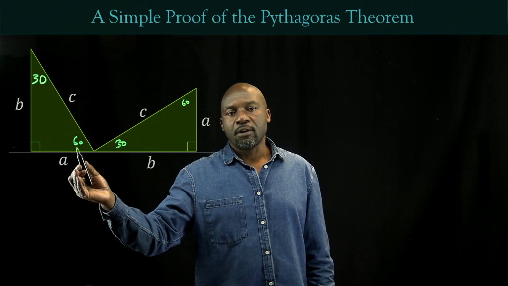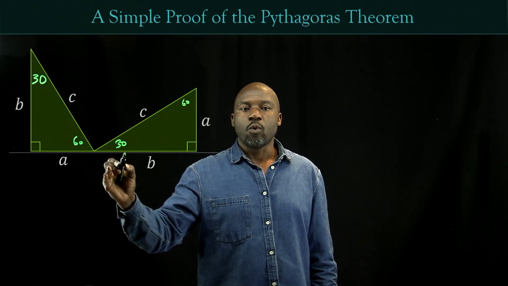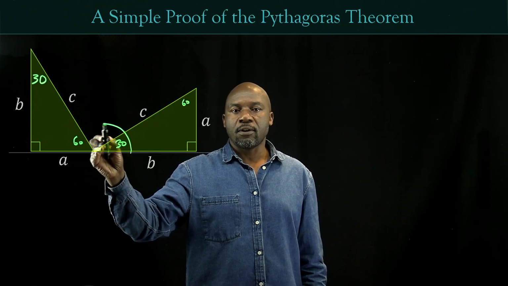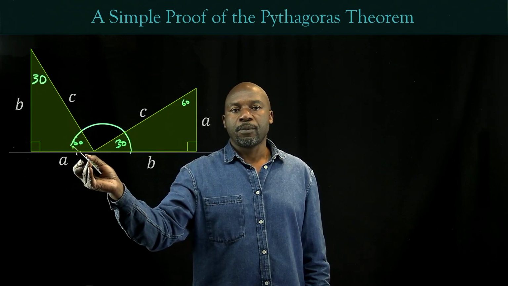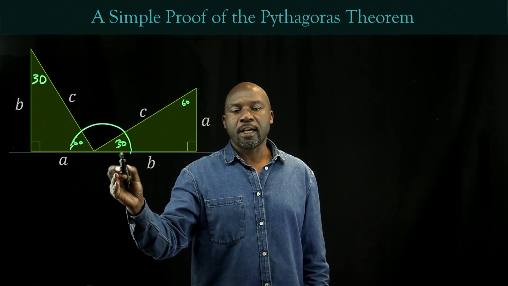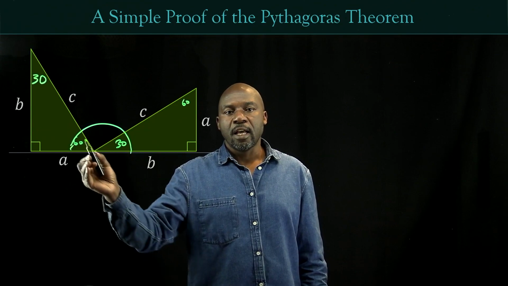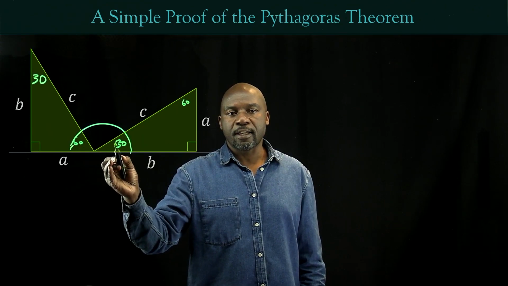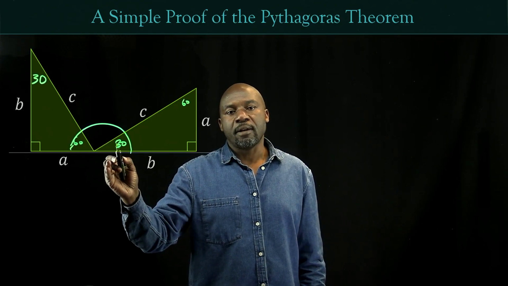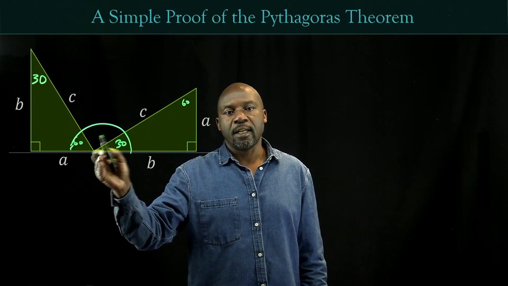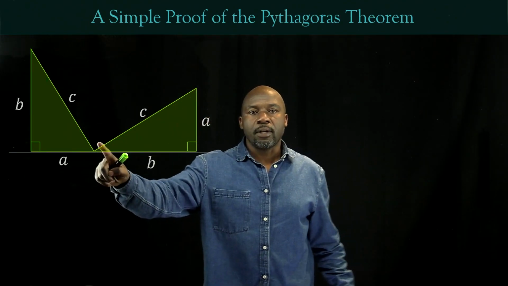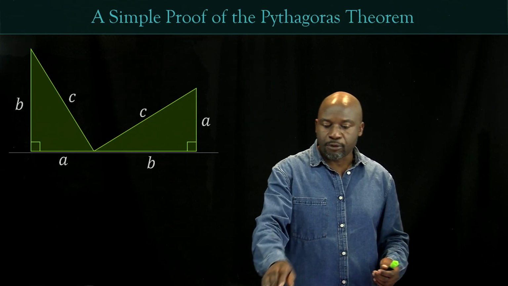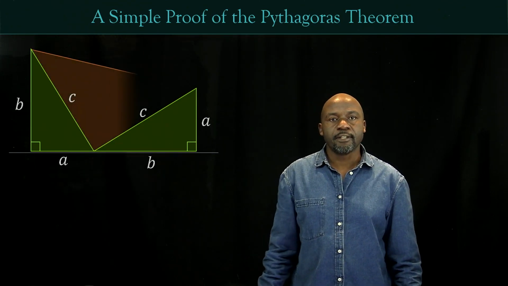Now, if this angle is 30 and that is 60, we know that the total angle in a straight line must be 180, and so 180 minus this 90 leaves us with 90. And so this angle here has to be 90 degrees, okay?